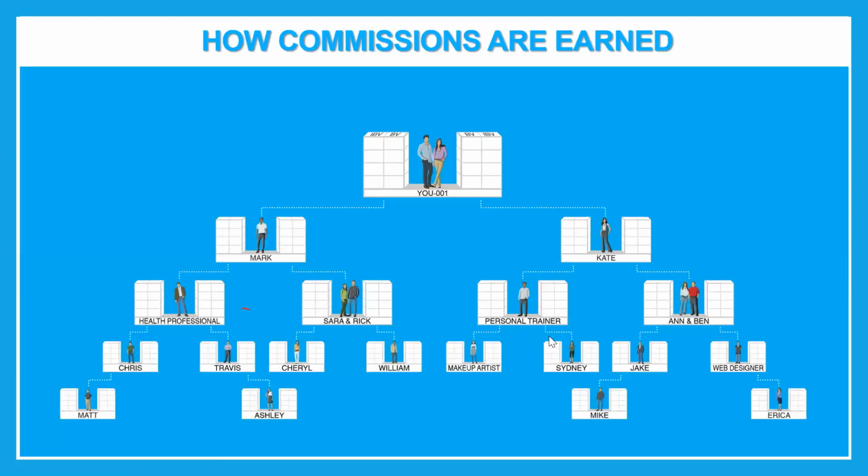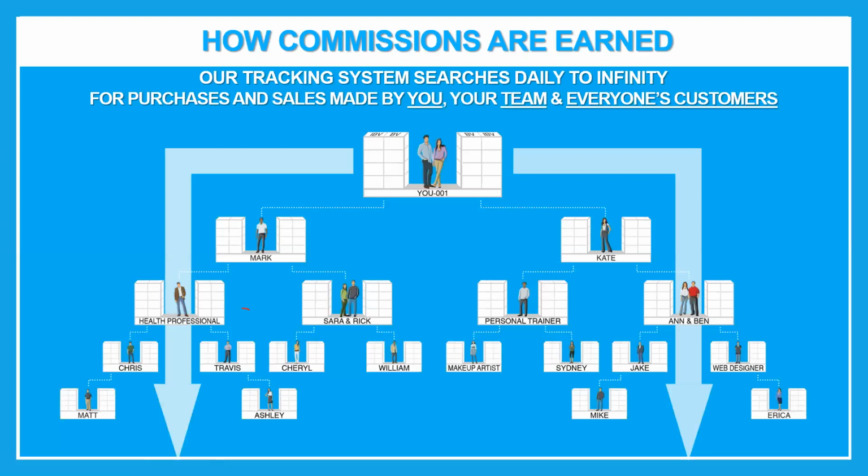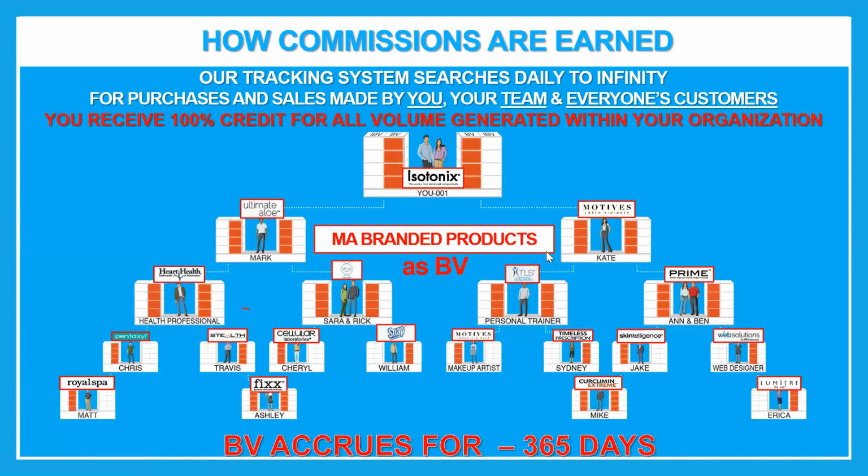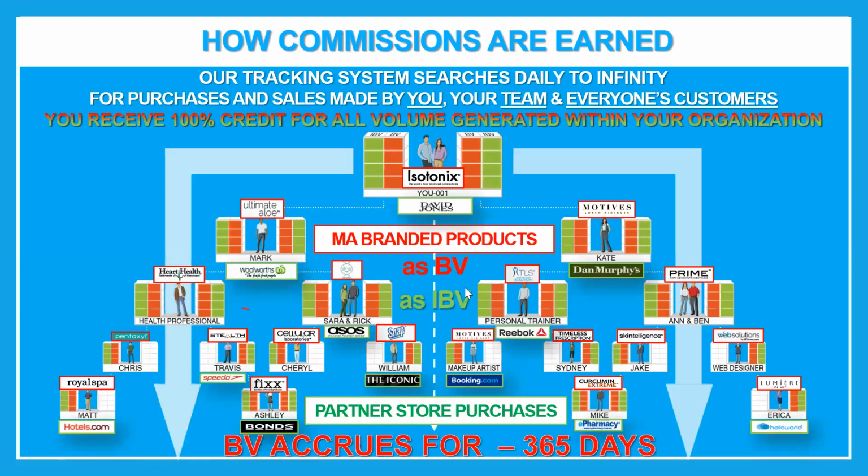Okay, so commissions are earned through a tracking system. What that does is it searches daily to infinity for purchases and sales made by you, your team, and everyone's customers. So basically 100% of the credit will be generated within your organization, and you get 100% with both your BV and IBV.